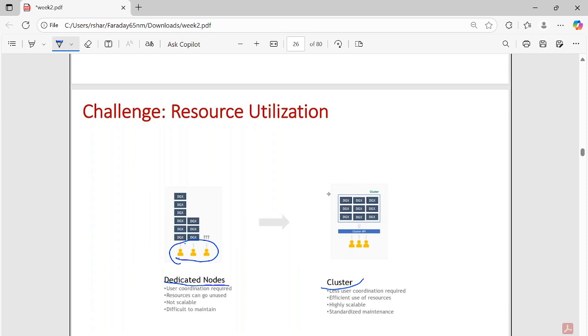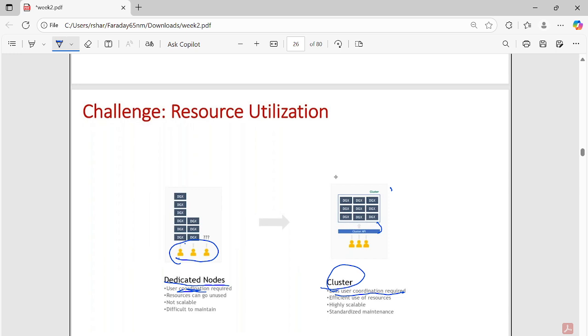While in the clustered environment, where we have a particular software and a set of software stack installed, less coordination is required, so there is less user coordination.